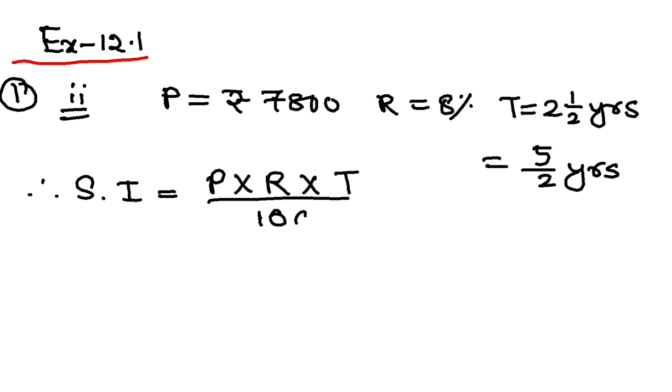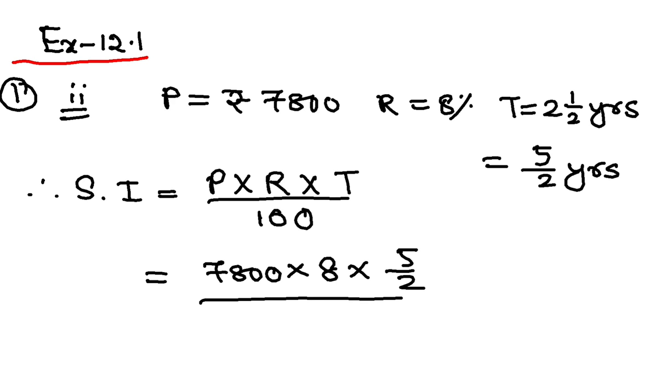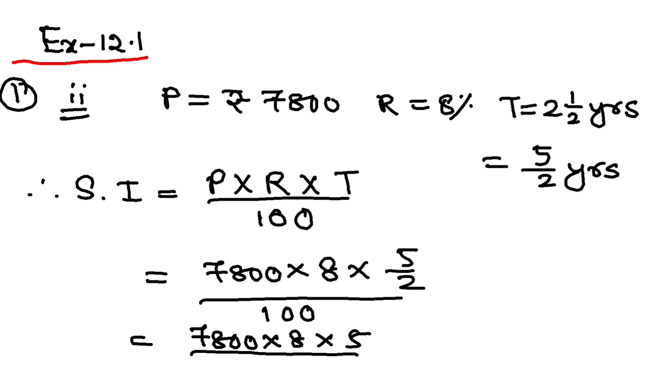I have explained this in the basics video. So now P is 7,800, your rate of interest is 8 and time is 5 by 2, by 100. Now if you try to calculate this, you have to understand this concept: the 7,800 into 8 into 5, this 2 will come down along with 100.